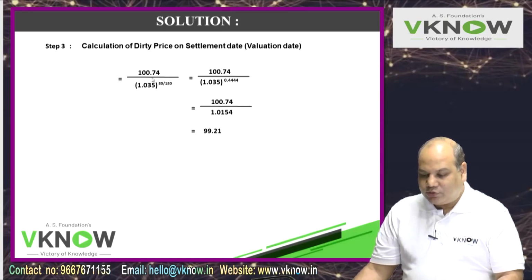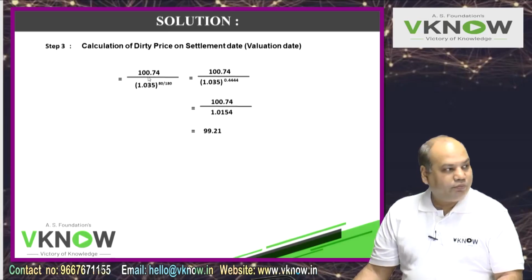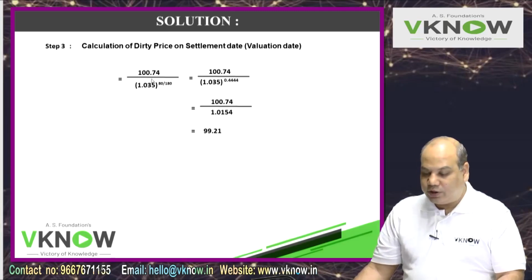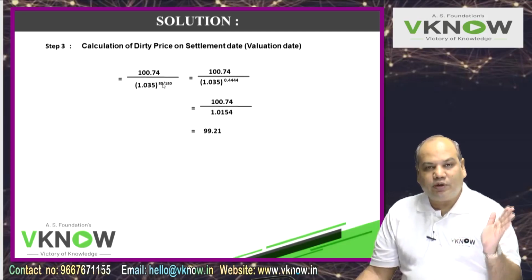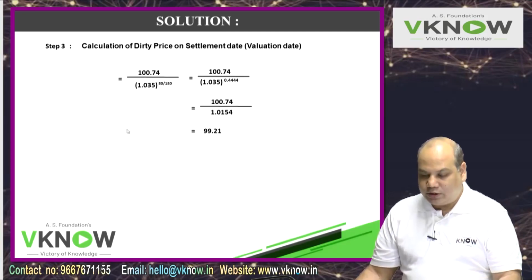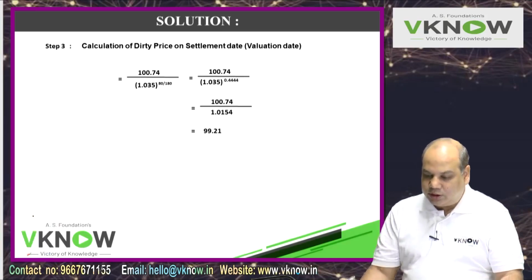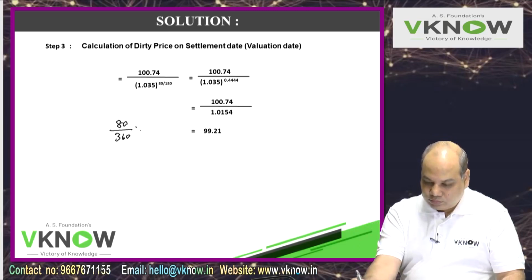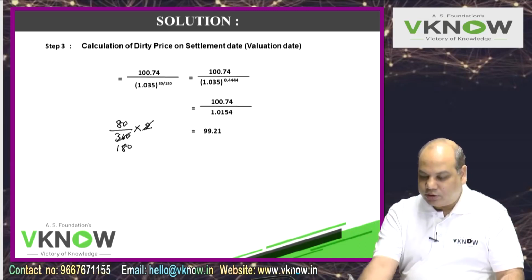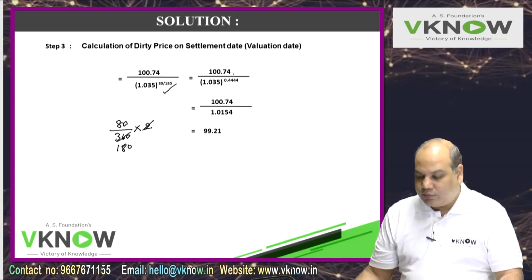Take the dirty price on the next coupon date, 100.74 divide by 1.035 to the power, it's a 6 months problem, so I will take 80 by 180, and if you want to take 80 by 360, then you have to multiply by 2. So finally you will get 80 by 180 only. So this is right. Go ahead.